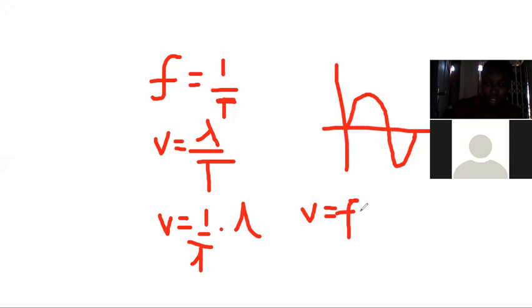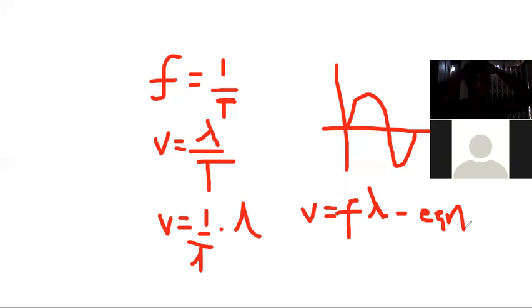So velocity can also be frequency times wavelength. Do you agree? And this is the wave equation. You need it in most of your calculations. The velocity, or wave speed, is equal to the frequency of the wave times the wavelength.